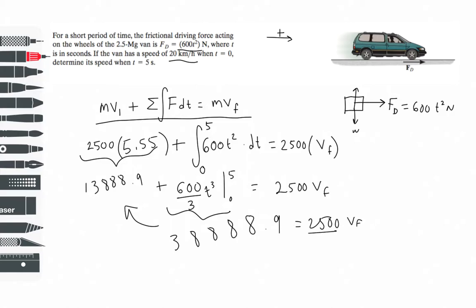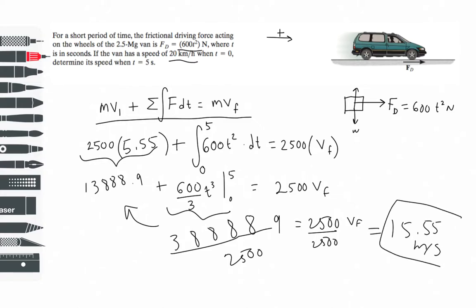So we divide by 2,500 on both sides, and that gives you the final velocity, which is equal to 15.55 meters per second. And that's it.